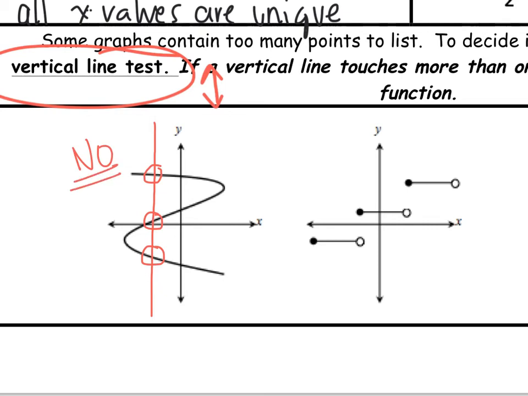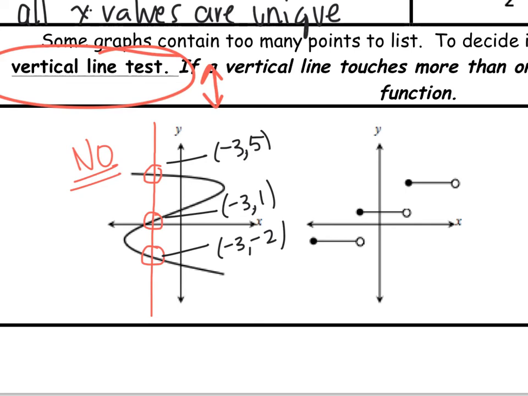Because if I were to write these ordered pairs, this ordered pair might be -3, 5. This ordered pair might be -3, 1. And this ordered pair might be -3, -2. Because this vertical line hits at this point and this point, I'm going to have domains that repeat, which means it's not a function.